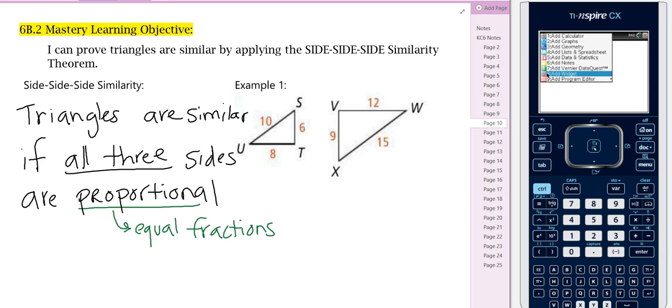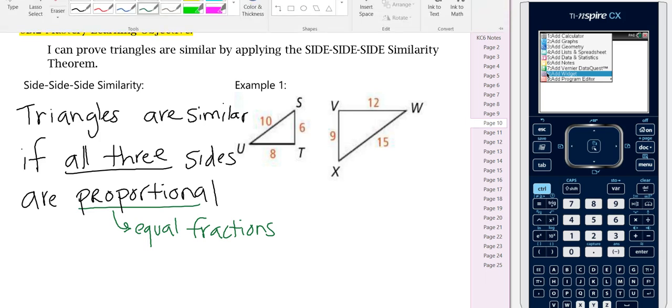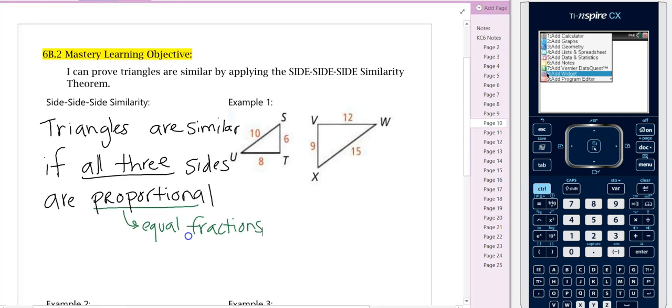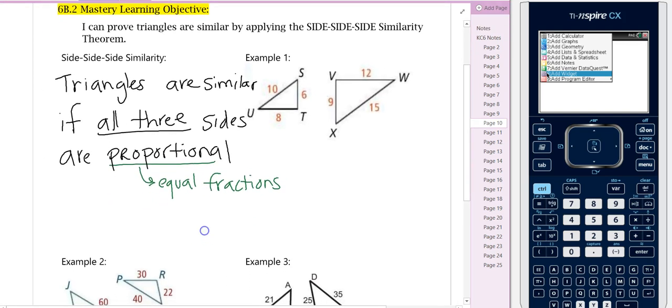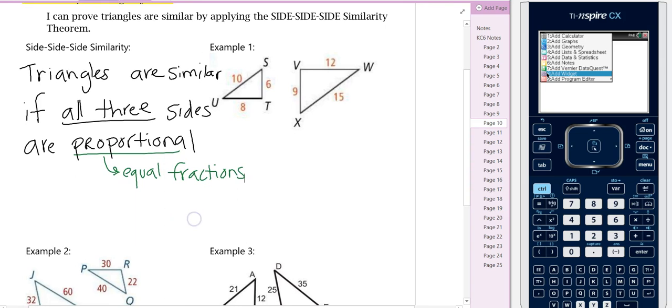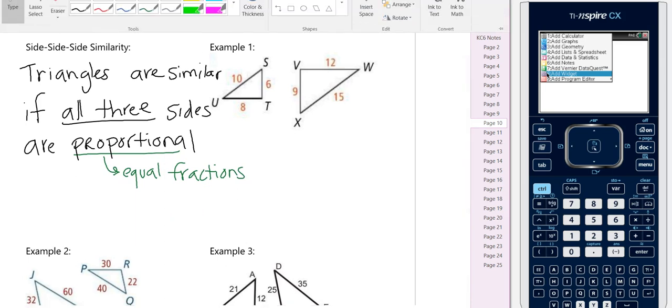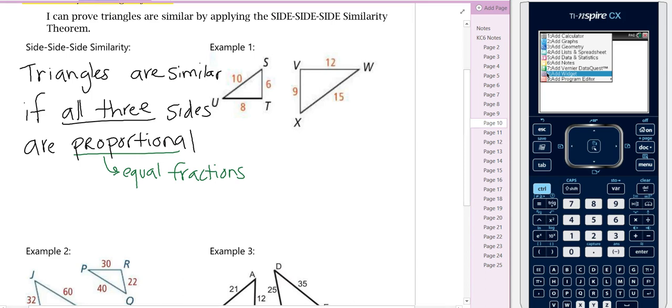One kind of easy way to make sure that you are setting up each fraction correctly would be to find the smallest side, the biggest side, and the side that's in between. You want to find the small side of one triangle and put that over the small side of the other triangle.